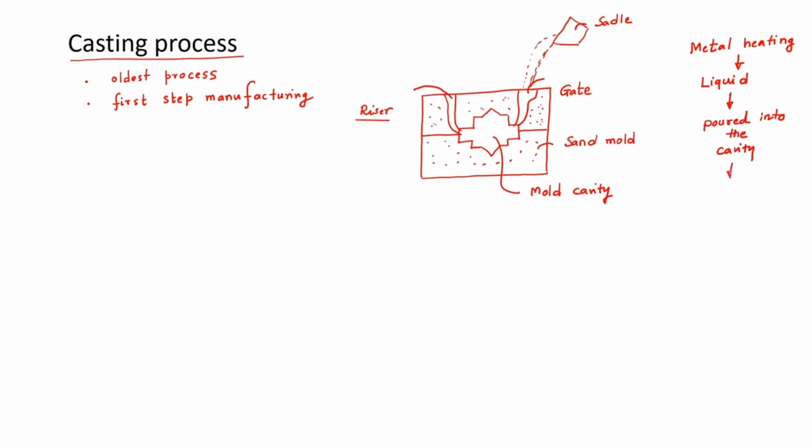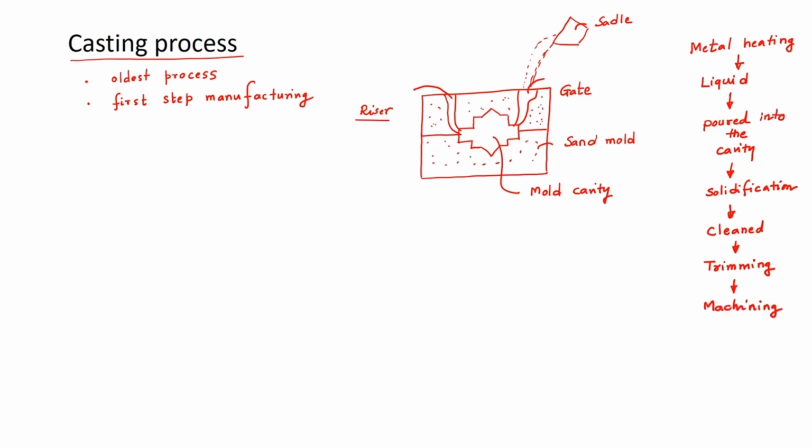Then that poured molten metal will be allowed to solidify, and the solidified product will further be cleaned. Then we are trimming off the gate and risers, and then we are carrying out the machining operation.